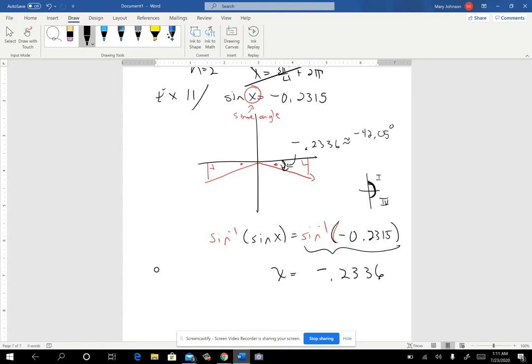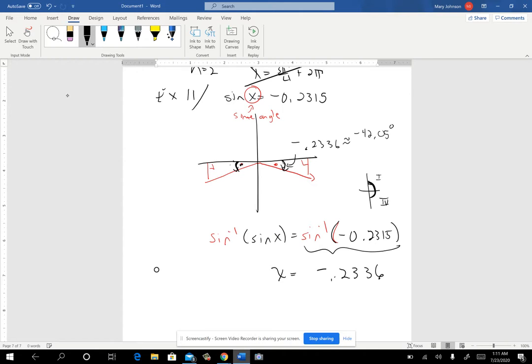Okay. So your calculator only gives you that one thing back, but you need to get all the angles that would have a sine of negative 0.2315. So this is what makes this a little harder than some things. See, this angle over here has the same reference angle, and that's going to be 42-ish degrees past pi.